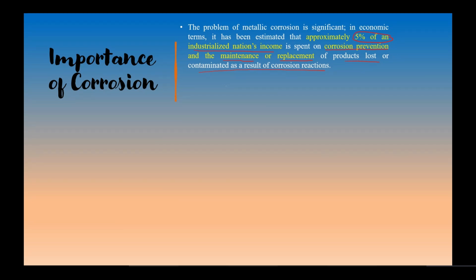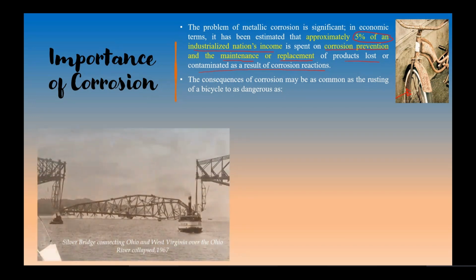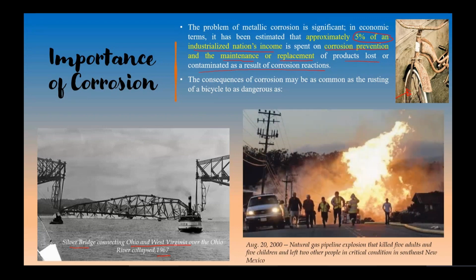And if we want to analyze the relevance of corrosion with regards to our daily life problem, it could be as simple as the rusting of this bicycle that may be there at the corner of your streets, to as dangerous as the falling of Silver Bridge, which was connecting Ohio and West Virginia in 1967, due to the corrosion of the components which were holding the bridge, or as in August 2000, the natural gas pipeline explosion that resulted in several deaths was again associated with the corrosion of the pipeline, and the pipe was not able to bear the internal pressure that resulted in the explosion.